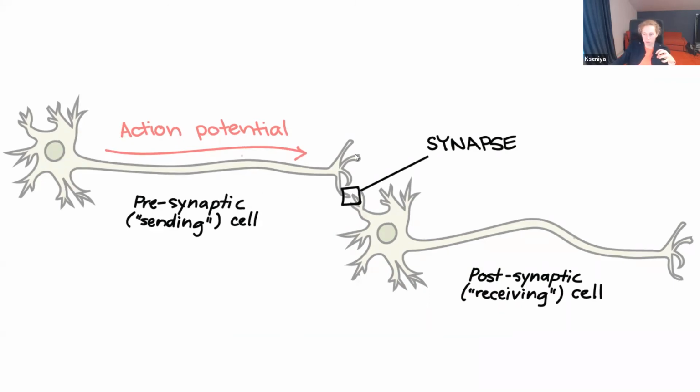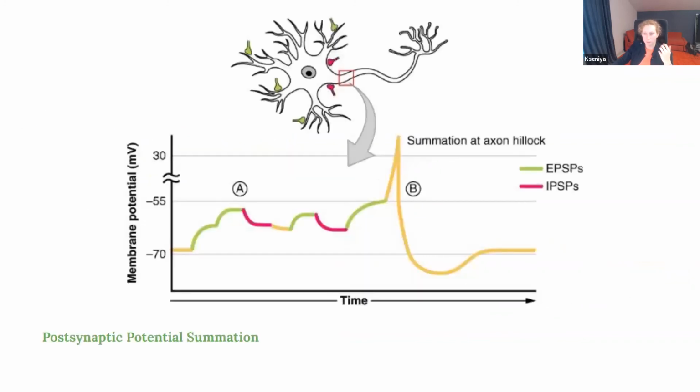The axon of the presynaptic neuron connects to the dendrite of the postsynaptic neuron, where the neurotransmitter is transmitted. The presynaptic cell is the sending cell, and the postsynaptic cell is the receiving cell. The result of summation of postsynaptic potentials is the overall change in the membrane potential.